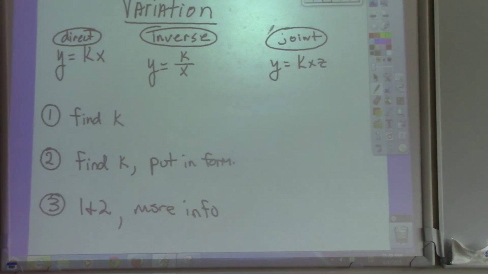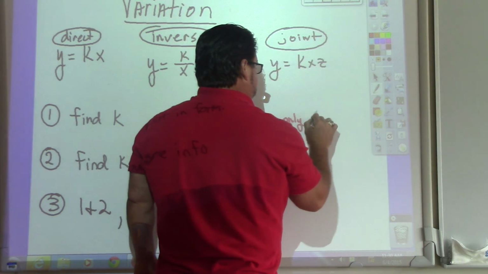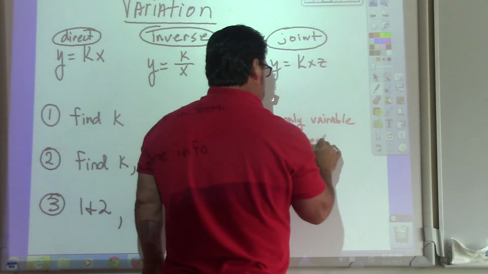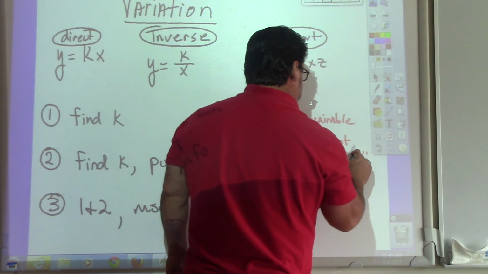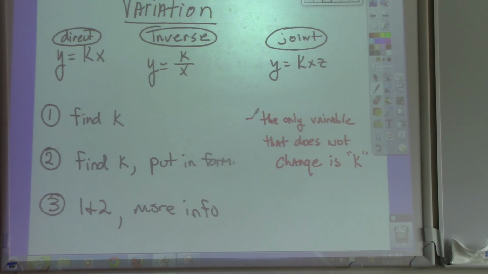The only variable that does not change, and this is important, so I'm going to put it in red, is K. All the other variables are going to change because instead of y is equal to K times X, they're going to say, on a construction site, the volume of concrete is directly proportional to the amount of water used in the concrete, or something like that.